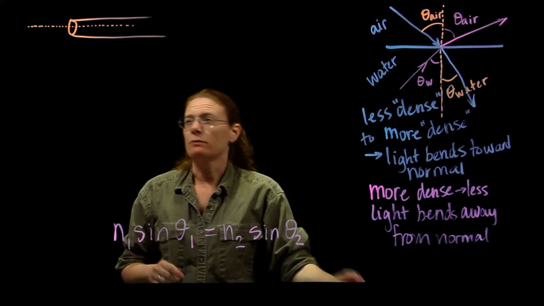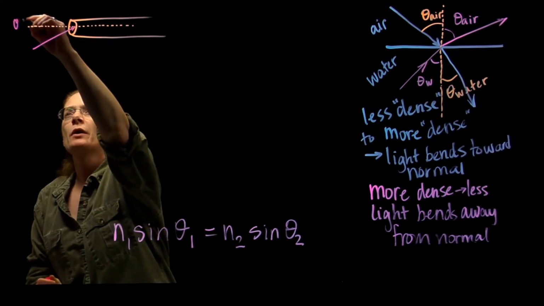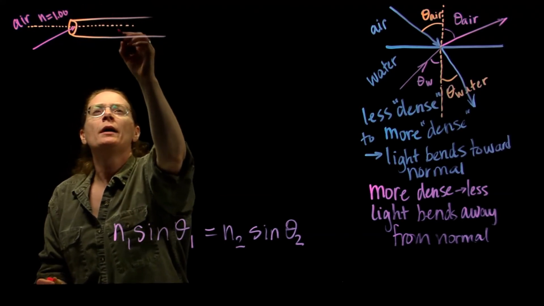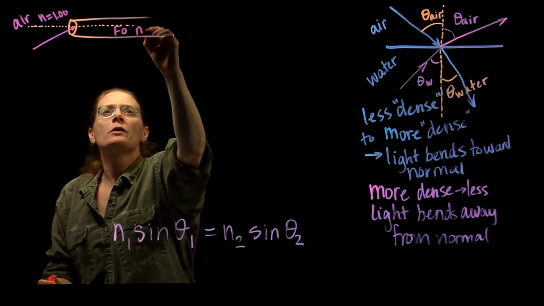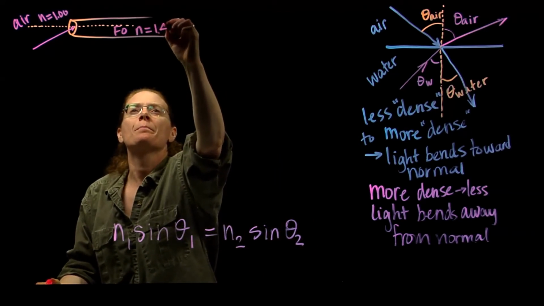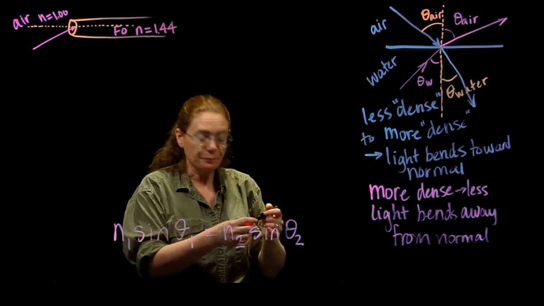Okay, and we're going to have light coming in to the end of the fiber from air, which has an index of refraction of 1.00, into the fiber optics, which has an index of refraction of 1.44. So, good problem-solving strategy. Start with a picture.